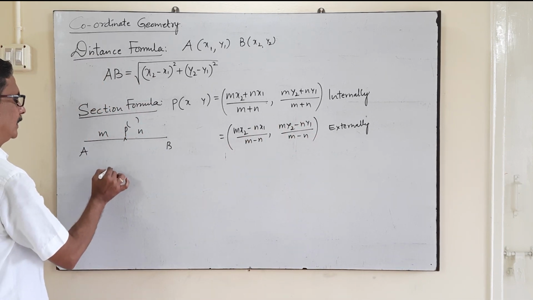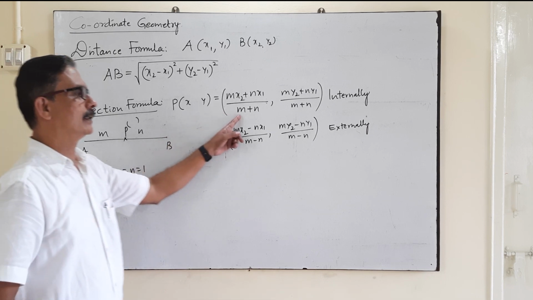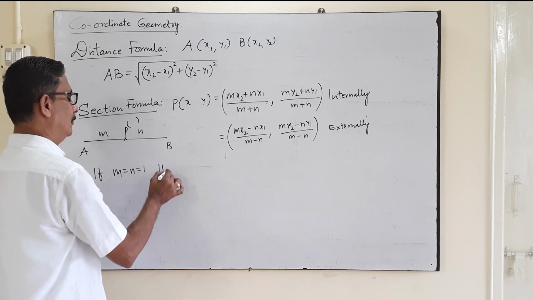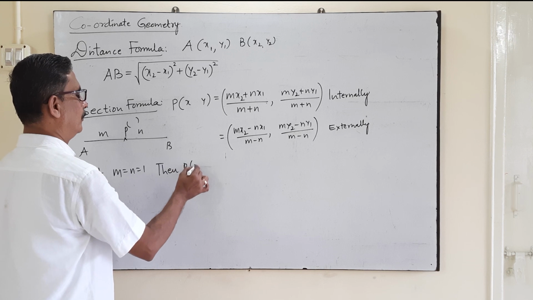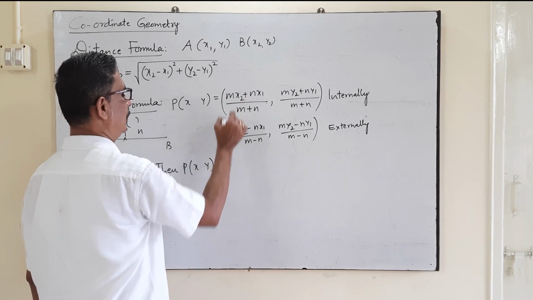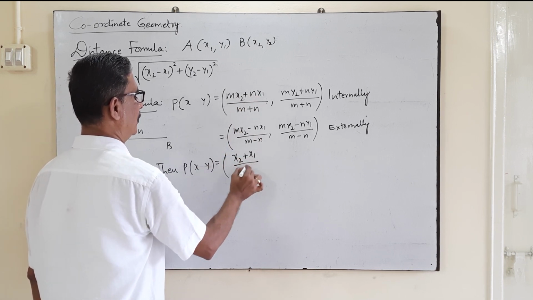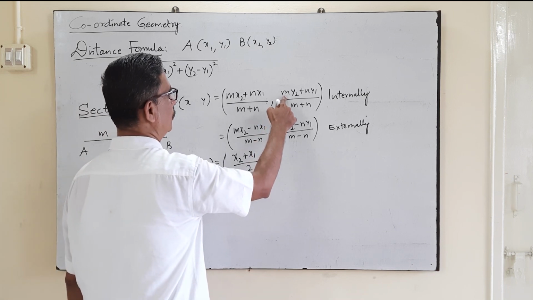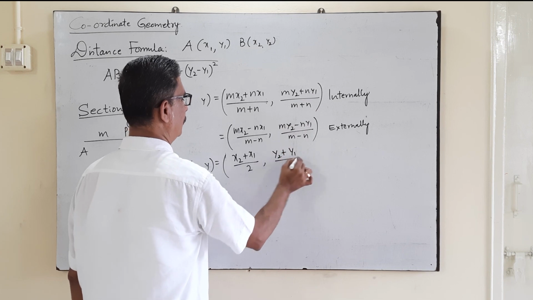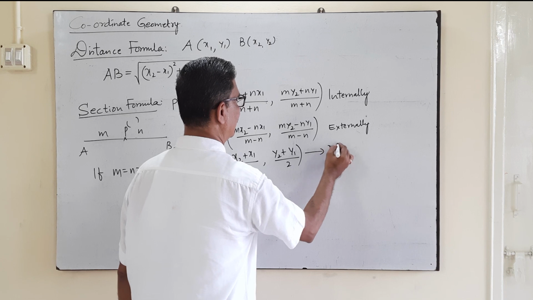Now suppose if the ratios are equal, ಒಂದು ವೇಳೆ ಎರಡು ರೇಷಿಯೋ ಈಕ್ವಲ್ ಆಗಿತ್ತಪ್ಪ ಅಂದ್ರೆ say m is equal to n is equal to 1, then ಏನು ಬರುತ್ತೆ ನೋಡಿ, then P is equal to (1 into x2 plus 1 into x1) divided by 2, (1 into y2 plus 1 into y1) divided by 2. ಇದಕ್ಕೆ ಏನಂತಾರ?